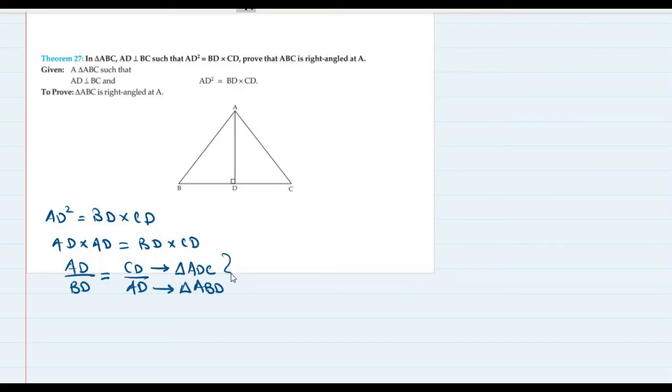So these two triangles ACD and ABD are the ones you have to prove similar, and then you can go ahead and prove the given triangle as a right angled triangle.